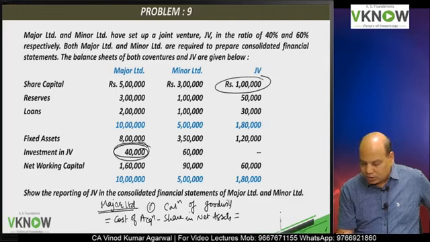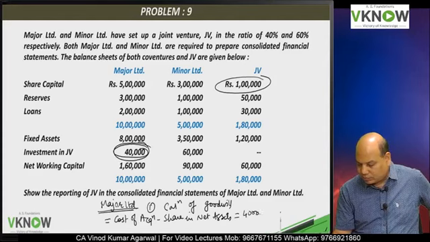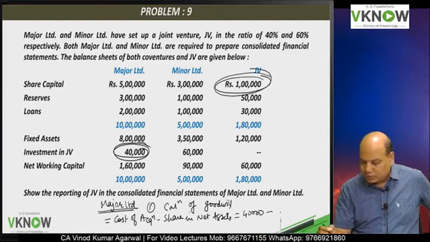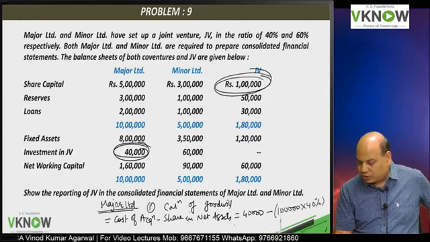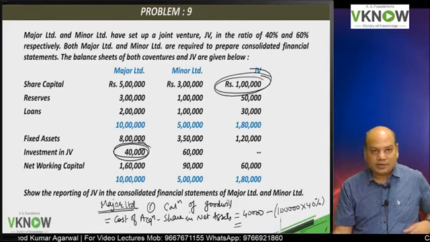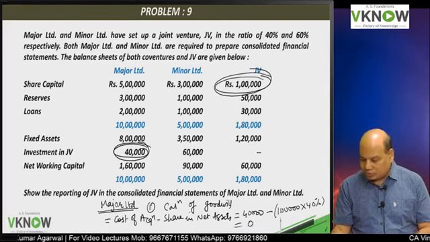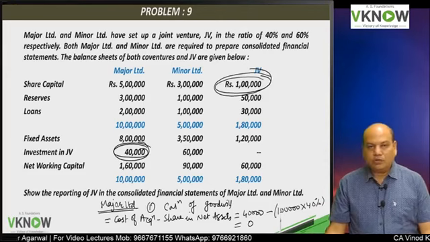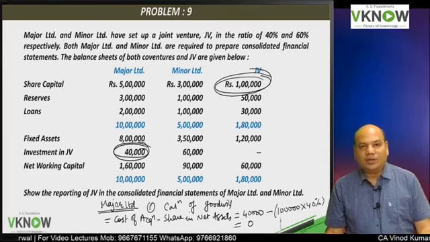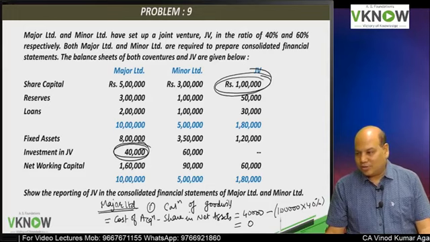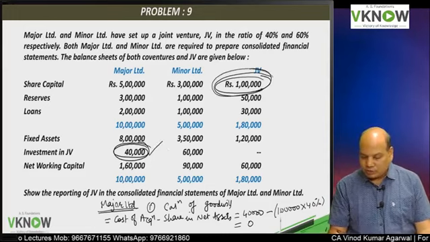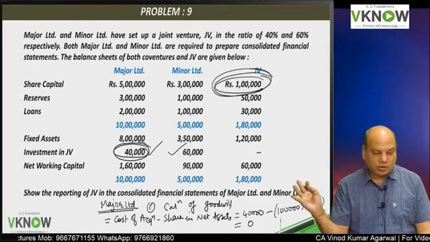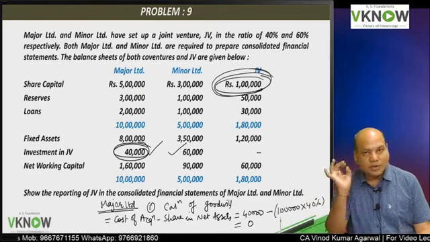It has acquired for 40,000 and the share capital is 1 lakh into 40%. It was a newly formed venture, so there was no other asset. So the answer is 0. There won't be any goodwill or capital reserve in the books of both the parties, because it is 1 lakh and they have contributed 40 and 60. No question of goodwill or capital reserve.